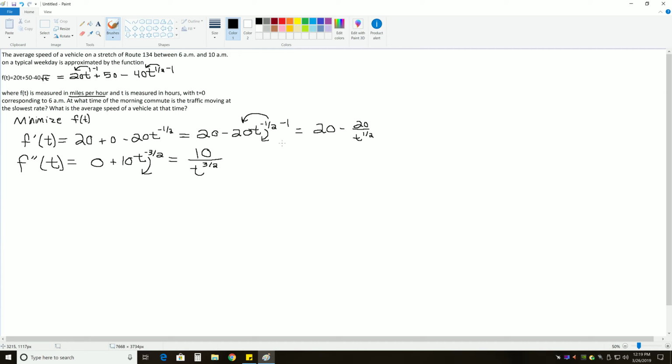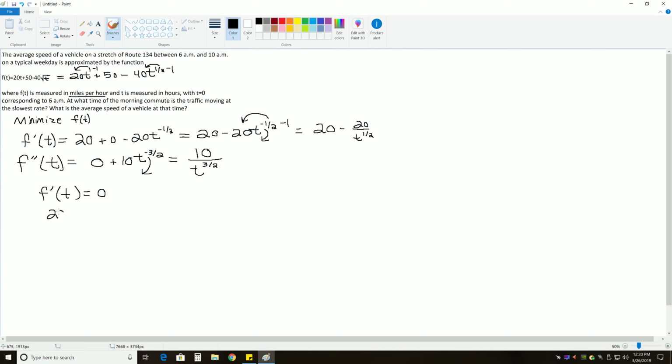Okay, so when we're doing the second derivative test, once we found our first and second derivative, we need to take our first derivative and find the critical numbers such that the first derivative is equal to 0. In other words, we need to set our first derivative equal to 0 and solve for t.